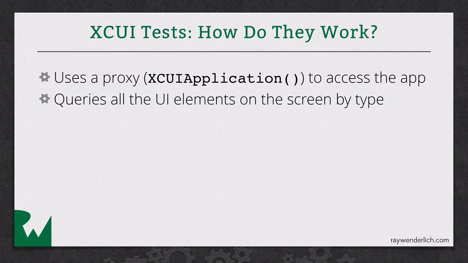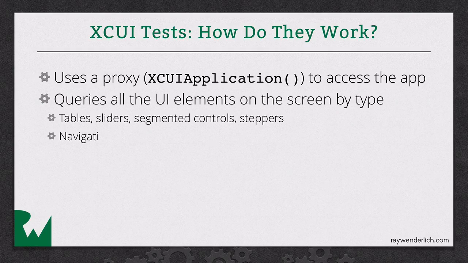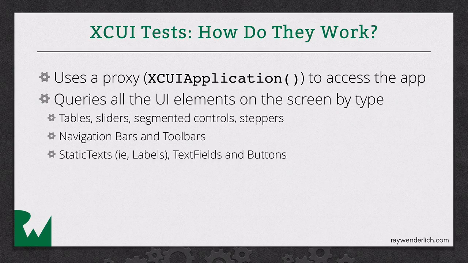It queries all of the UI elements on the screen by type, so you can look at your tables, sliders, segmented controls, steppers, navigation bars, toolbars, static texts, text fields, buttons, and also images. You can find out what things are on the screen, and then take action against them.